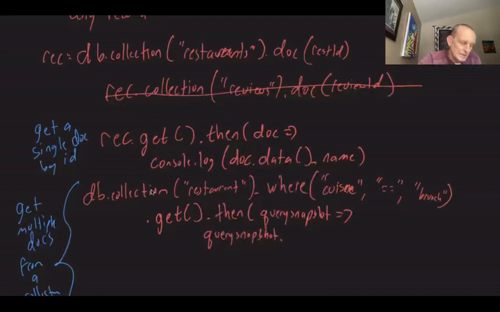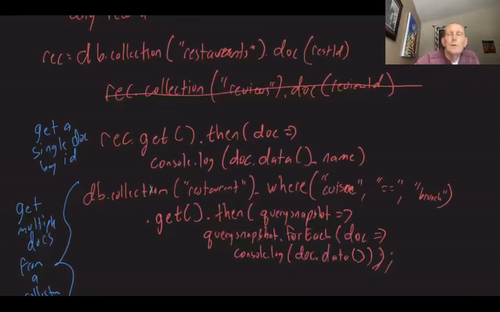So we could do, for instance, a forEach on that, and the iteration gives us documents. So now we've got another routine that will, let's say, log to the console, and for the document, we can do document.data. So that will go ahead and retrieve a query snapshot.